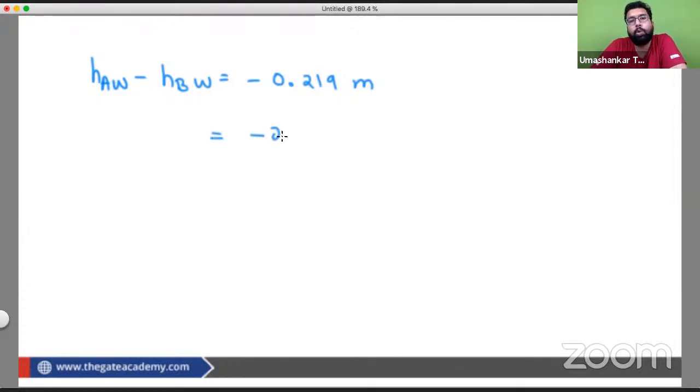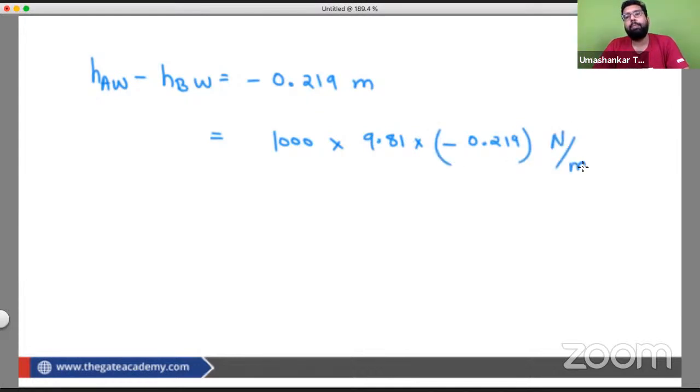Okay, so how to convert it? What is to be multiplied? 1000, no matter what is inside the pipe. In this method, when you are converting it into Newton per meter square, or Pascal, you have to multiply it with 1000, the density of water, into minus 0.219 Newton per meter square.